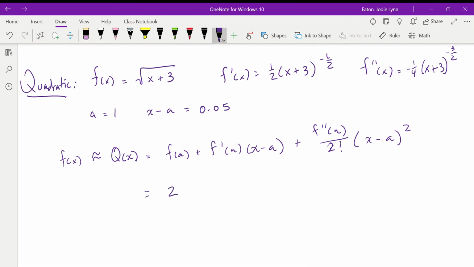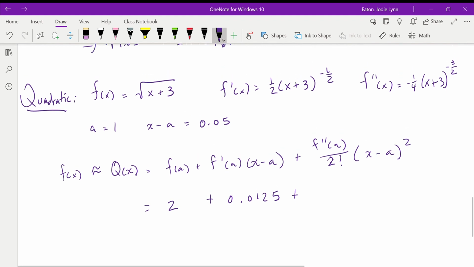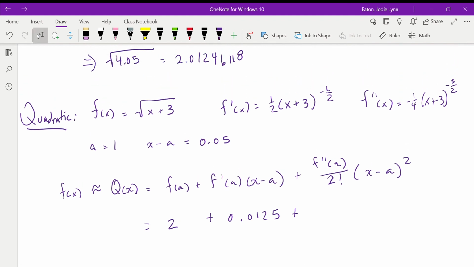This was 2. This was 0.0125 from the last time, plus f double prime of a. So we're going to plug in 1 to f double prime. So 4 to the negative 3/2. So 4 to the 1/2 is 2. 2 to the negative 3 is 1/8.